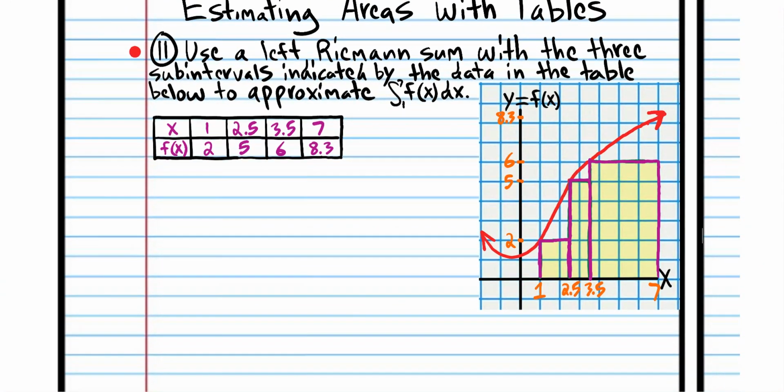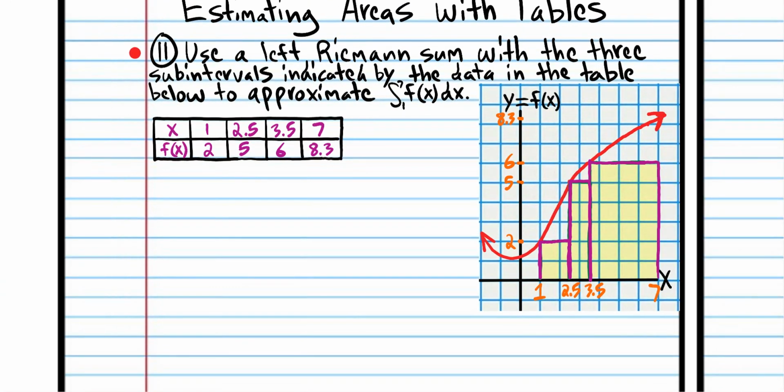So the widths of rectangles don't have to be the same when you're calculating Riemann sums. It's still a Riemann sum. And it just means that you're going to get a slightly different number than if you were to use rectangles that have the same widths. Okay, so this is really just the same principle that we used in previous parts of the course. It's nothing different. We're just using, again, the table, and we have different widths.